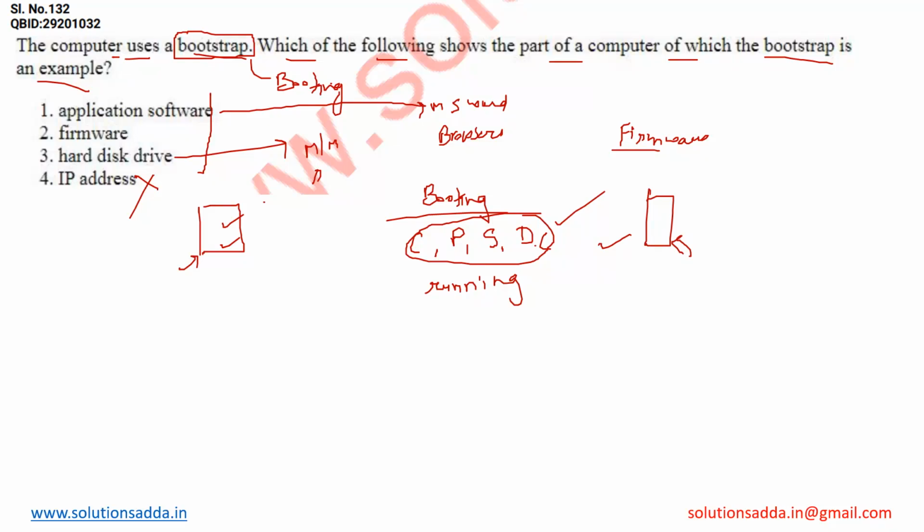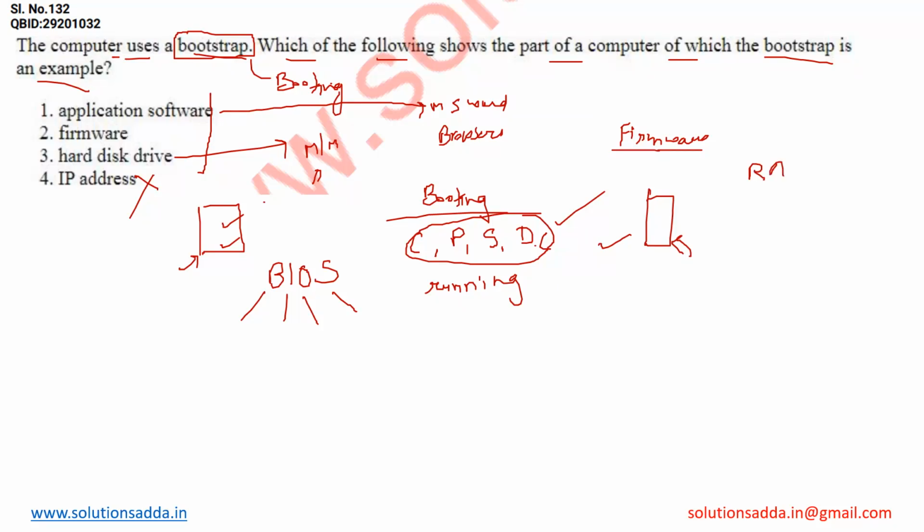Another name for this process is the BIOS, or basic input output system, in which every input output device of a particular system is checked during this process, and this process is called the booting process. Another example of firmware is an initial-stage software which resides in a non-volatile memory.